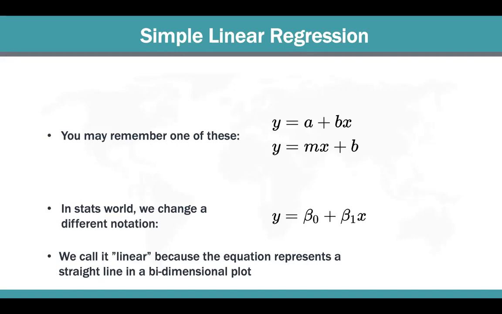Our linear equation is going to have a B0 term, which we are going to call the intercept or the constant, and B1, which is a term that multiplies x, and we are going to call the coefficient of x or the slope of x. We call this a linear equation because it appears as a straight line if we plot it in a bidimensional plot.